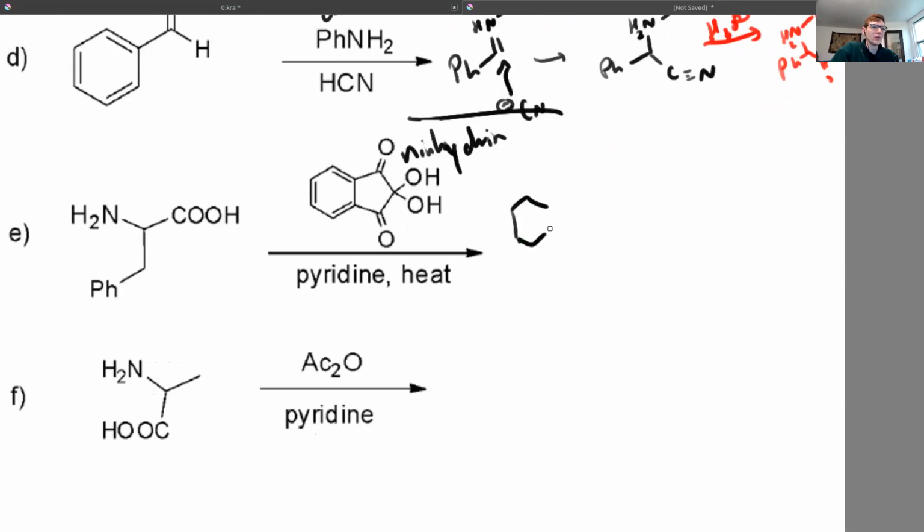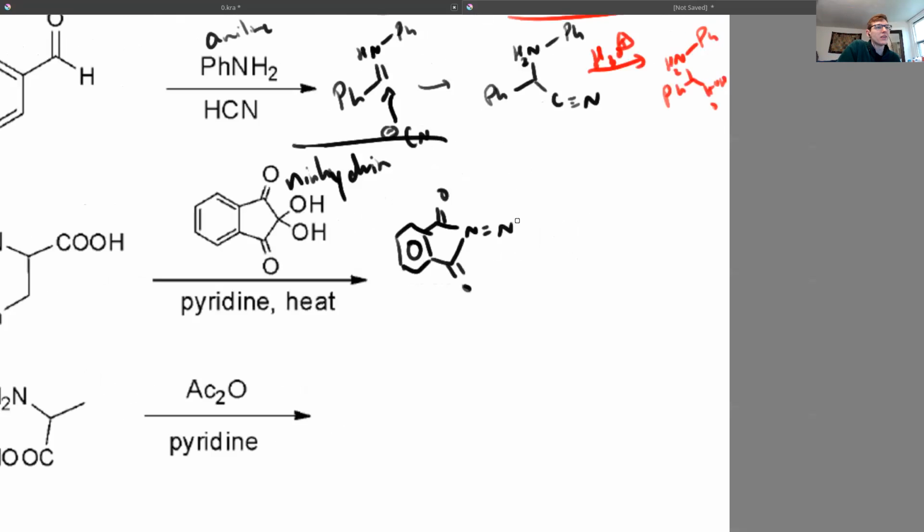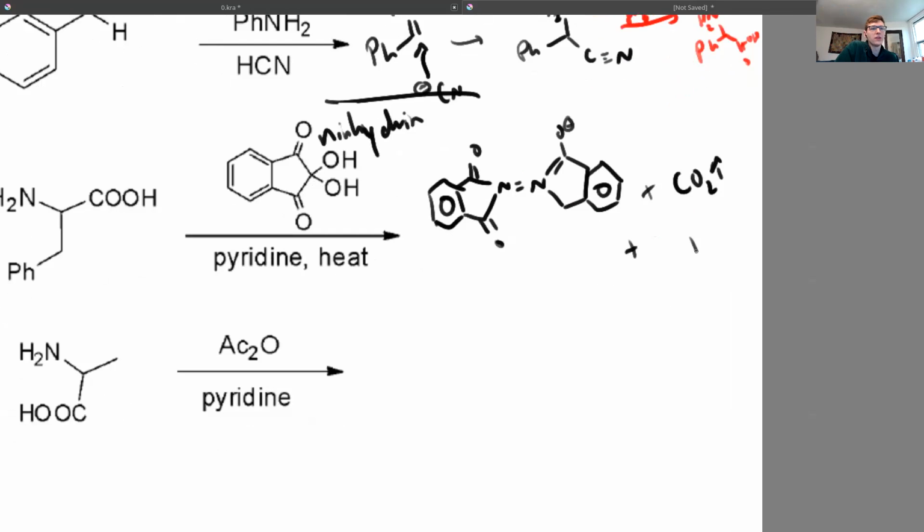Yeah, we react and we form Ruhemann's purple, which has a very specific structure that looks like this, and then there's these carbonyls, right? And then there's something like this, and O minus, yeah. Yes, that's it. Plus CO2 plus, there's an aldehyde. What is on the aldehyde?